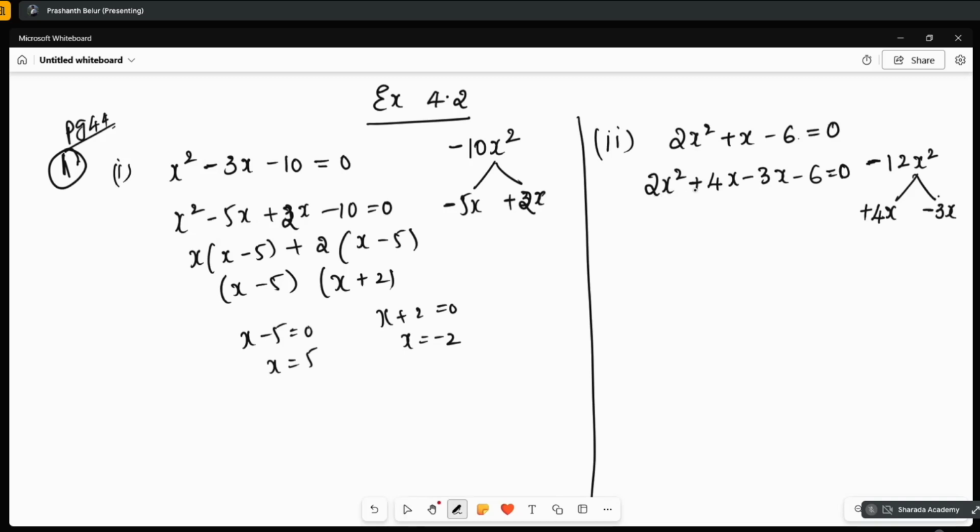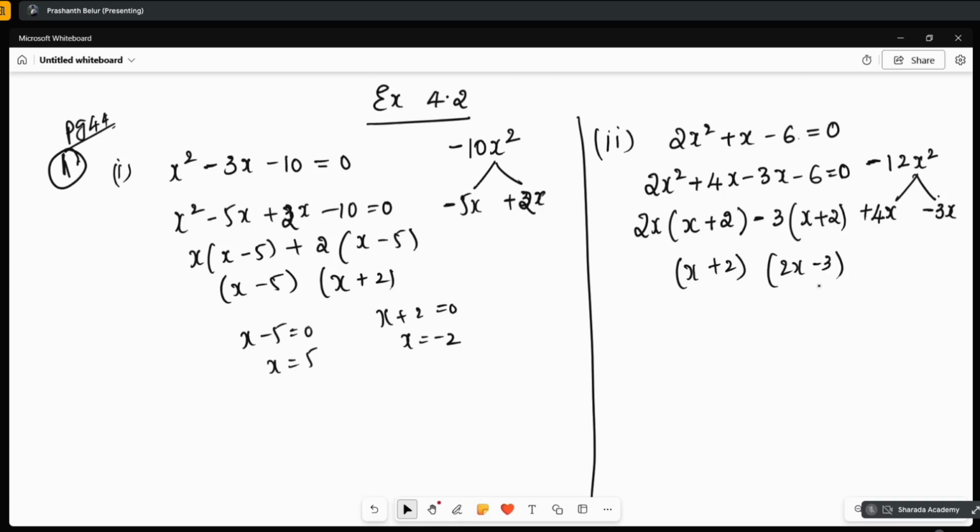So 2x I will take common here, and what remains is x plus 2. Here if I take minus 3 common, what remains is x plus 2. So we got x plus 2 into 2x minus 3.